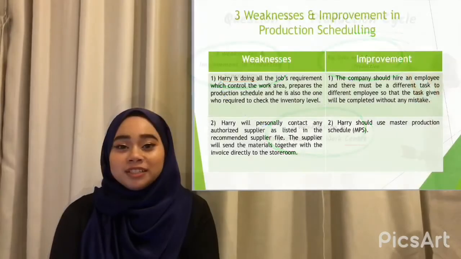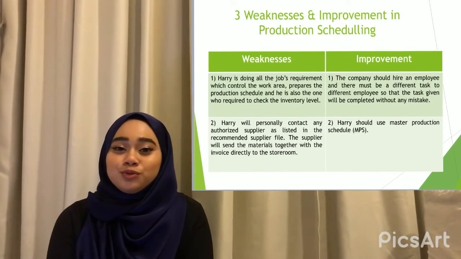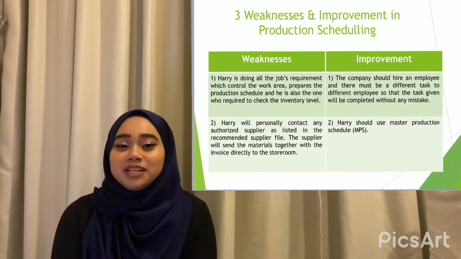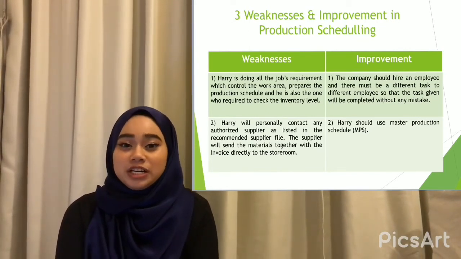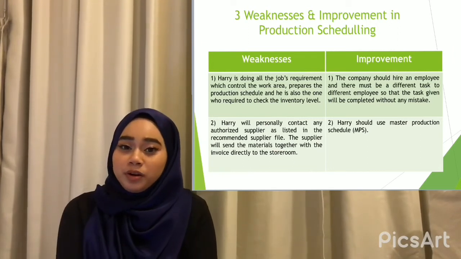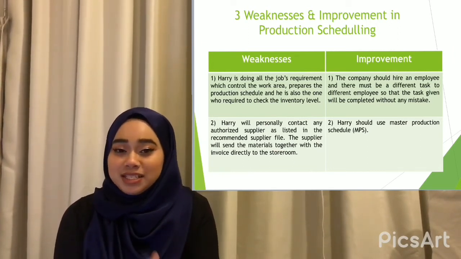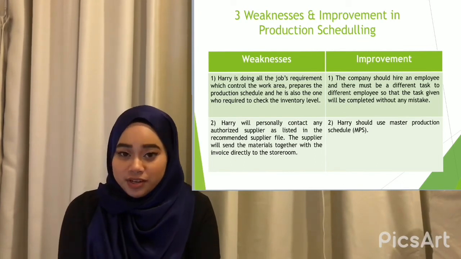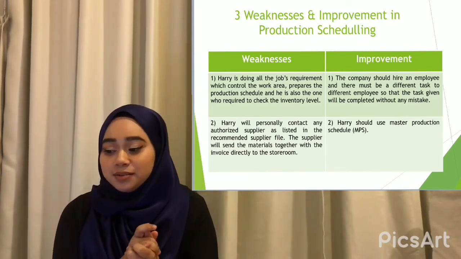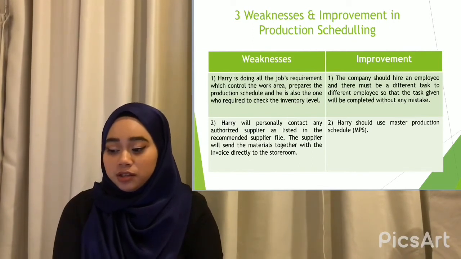So for the question A, the question is asked to list the three weaknesses and improvements in the scheduling production. By referring to paragraph 1, we can see that the weakness is Harry is doing all the jobs requirement which control the work area, prepares the production schedule, and he is also the one who is required to check the inventory level.